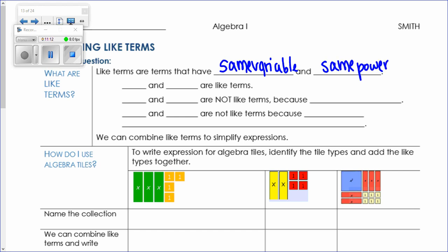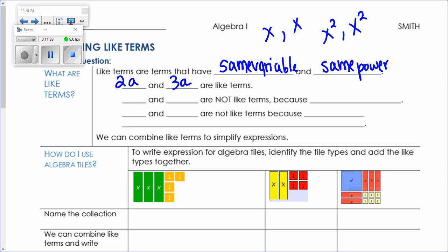So if I have an x term, I need another x term. If I have an x squared term, I need another x squared term. So 2a and 3a are like terms because the variables are the same.